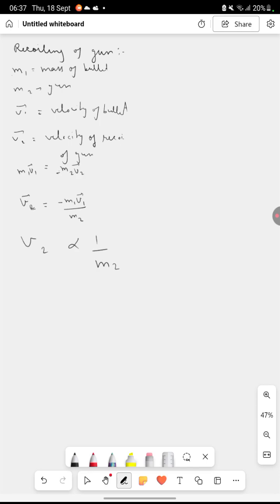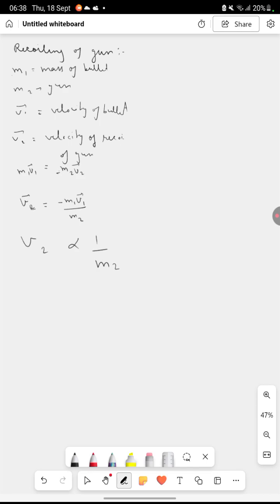And that's the reason why soldiers are advised to attach the gun to their shoulders, so that the total mass can be increased and the velocity in backward direction can be decreased.